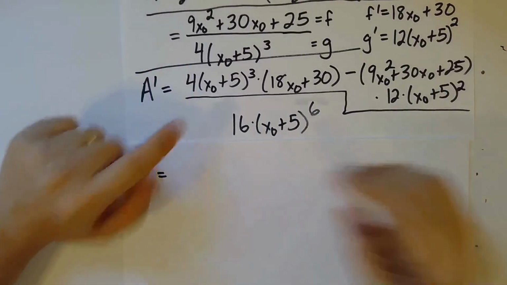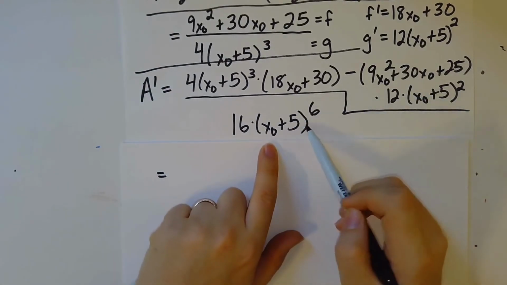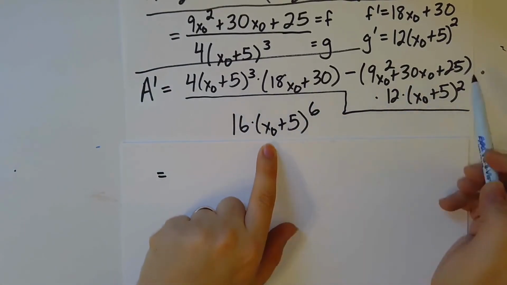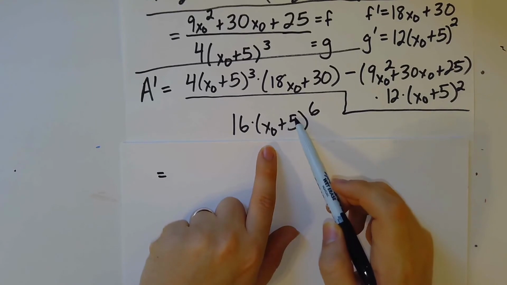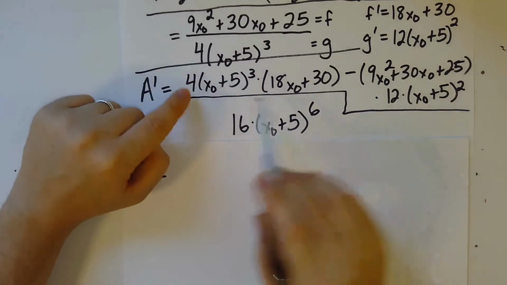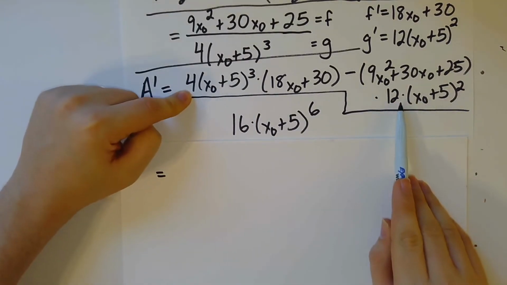What I'm going to notice here is that there's an (x naught plus 5) squared in both terms and in the denominator, so I can cancel that. And there is a 4 in both terms, so I can cancel those.